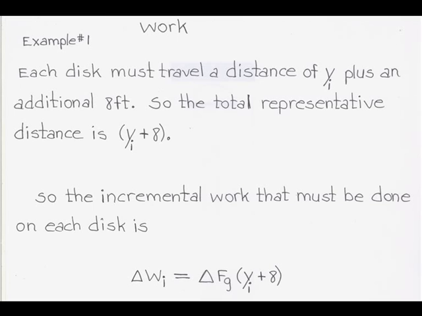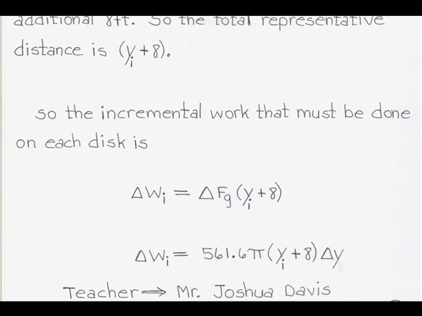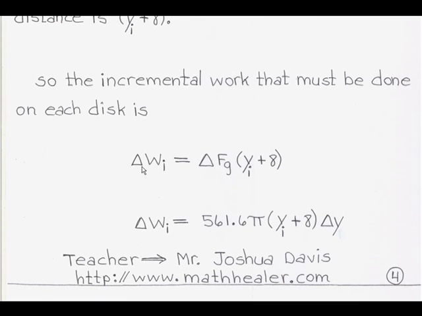Continuing on, each disk must travel a distance of y sub i plus an additional 8 feet. So the total representative distance is y sub i plus 8. So the incremental work that must be done on each disk is given as the following. Delta W sub i is equal to the incremental force of each disk times the distance that each of those representative disks has to travel, which is y sub i plus 8.